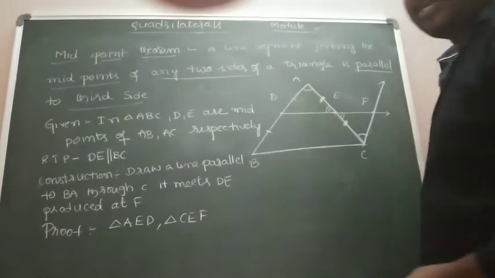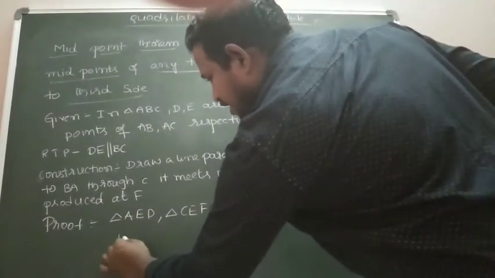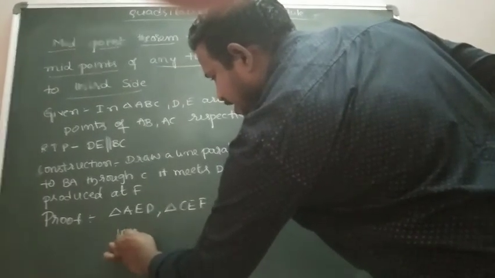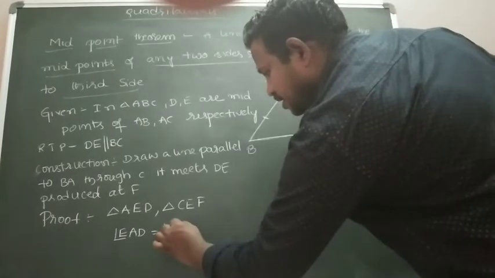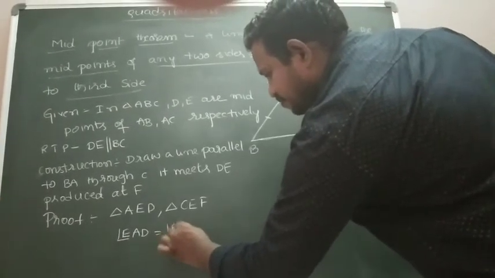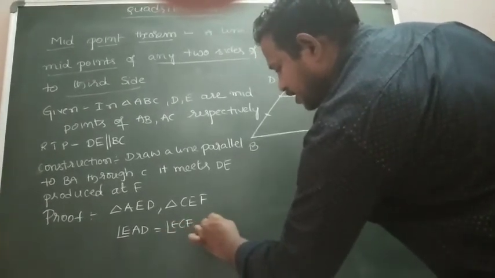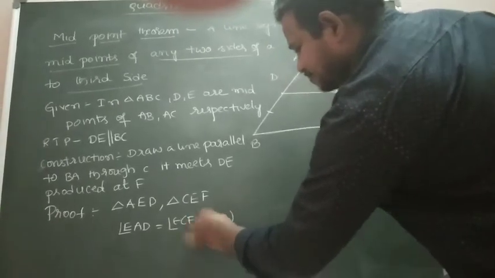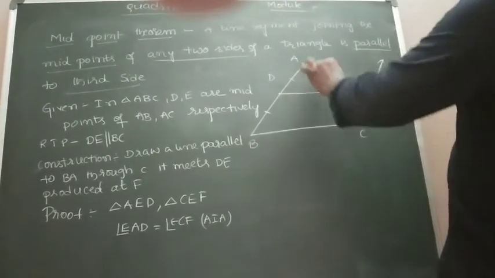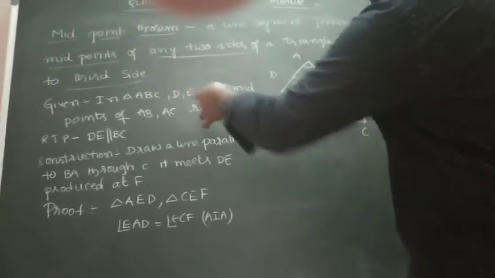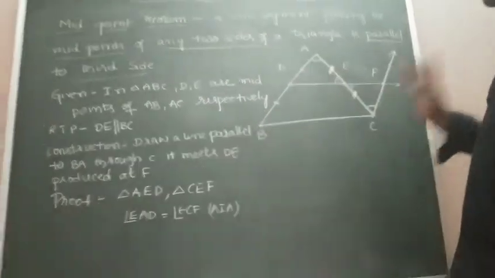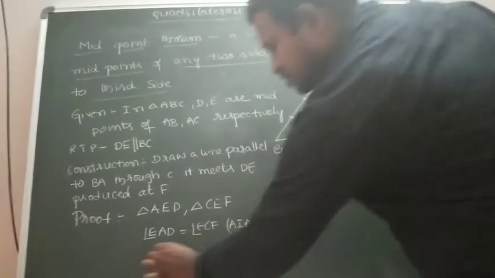That only I am writing here, Nana. That is angle EAD is equal to angle ECF, alternate interior angles. Next, AE is equal to CE because E is the midpoint of AC, from the given.